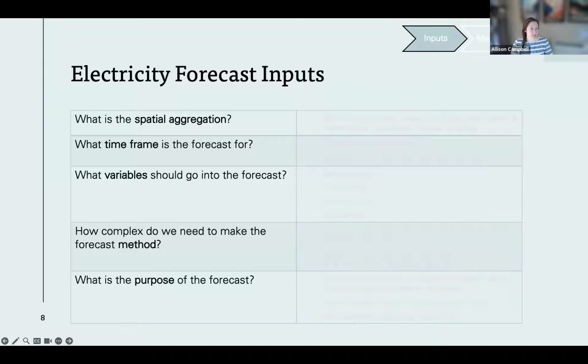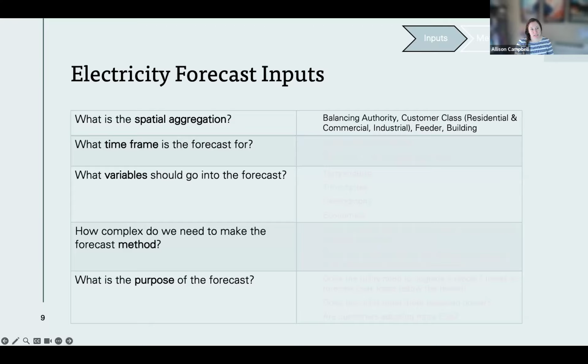So some of these questions we want to ask ourselves are: what is the spatial aggregation? What is the time frame? So for spatial aggregation, we can look at the balancing authority. So we could be looking at the whole balancing authority. We could also be looking at individual customer classes.